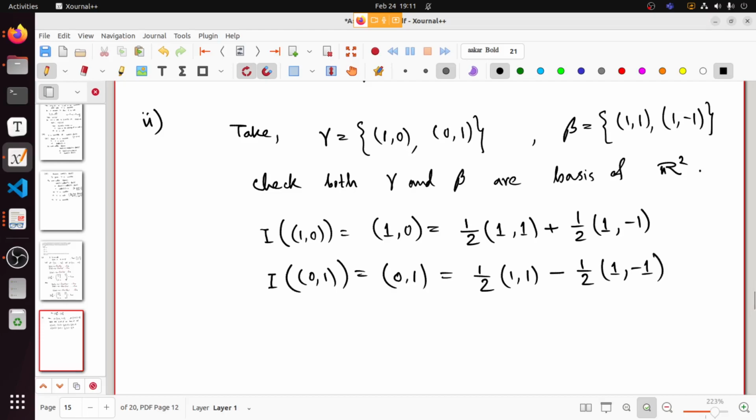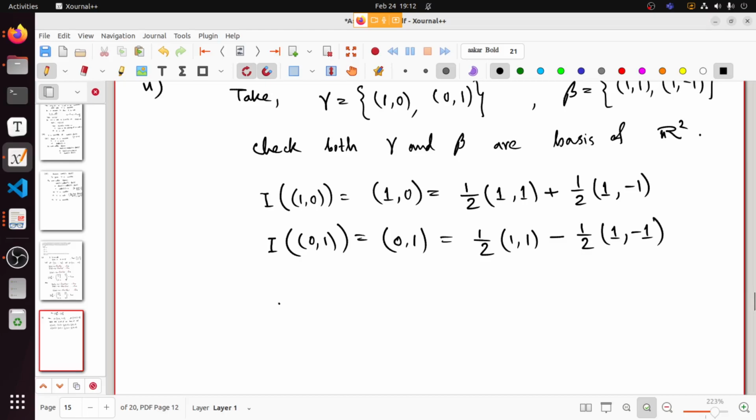Then what will be the matrix with respect to the bases gamma beta? It will be half, half for the first column, and the next column will be half, minus half.